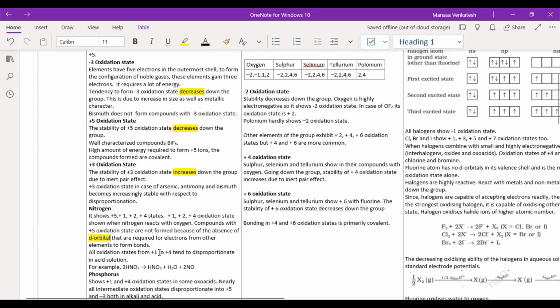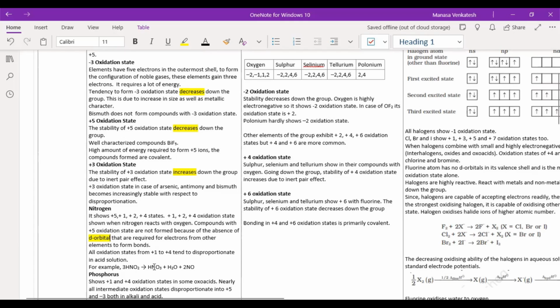Now, in case of +1 to +4, it tends to disproportionate, which means that when you have a compound, it undergoes, I think you would have learned about it in grade 11, parallel oxidation as well as reduction, or rather simultaneous oxidation and reduction. So here, in HNO2, the oxidation state of nitrogen is +3.